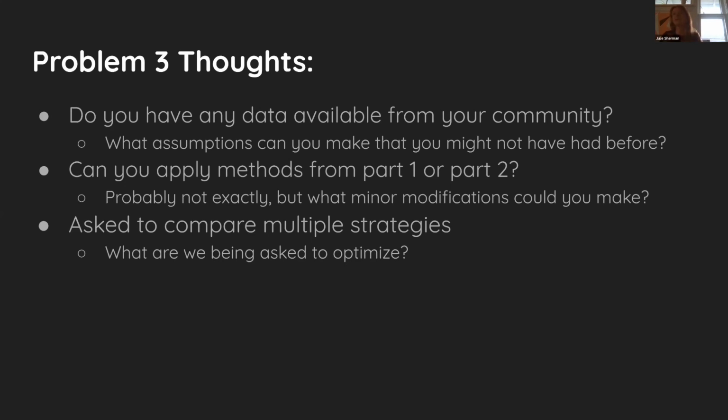We can incorporate it. And we can also say something about the behavior because we know these people, right? I think it's really cool in part 3 if you can apply the methods from part 1 and part 2. If you come up with a totally different model, of course, that's totally fine. But it would speak to the power of your earlier parts if you were able to somehow modify them or build on them. And then finally, we are asked to compare multiple strategies.